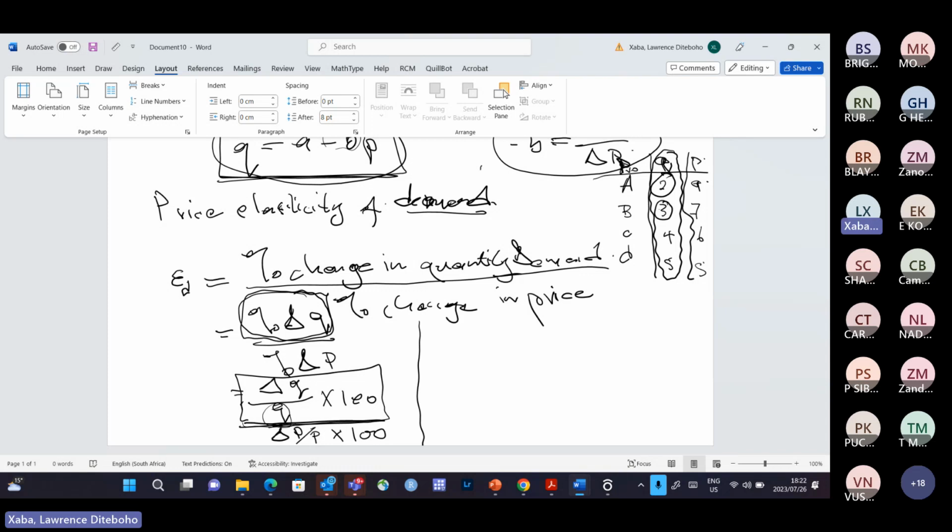So this is a division sign, and we want to simplify it.